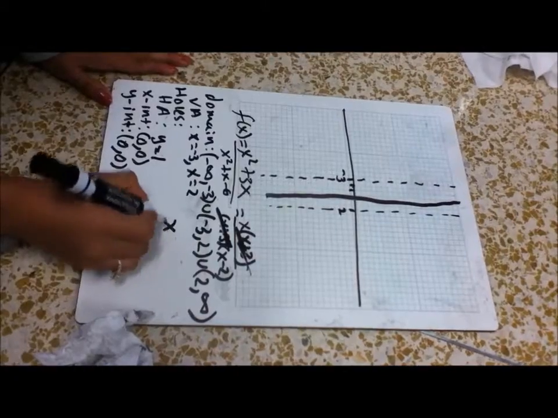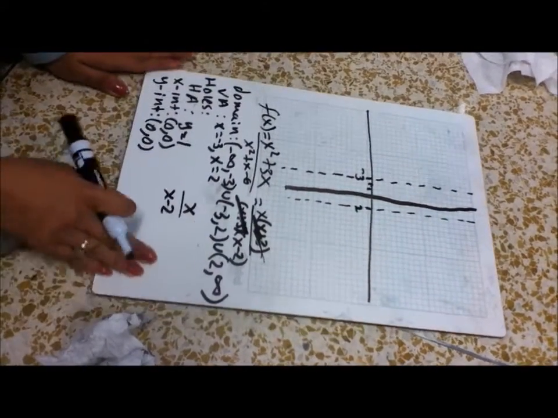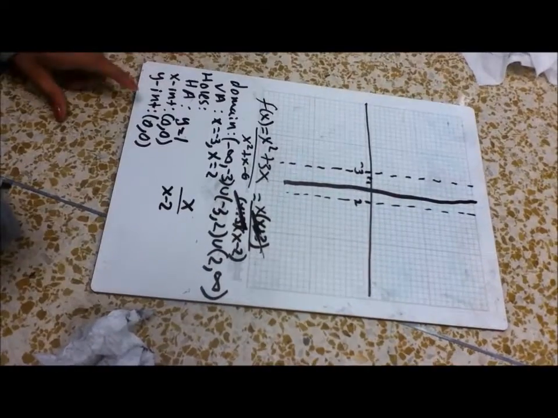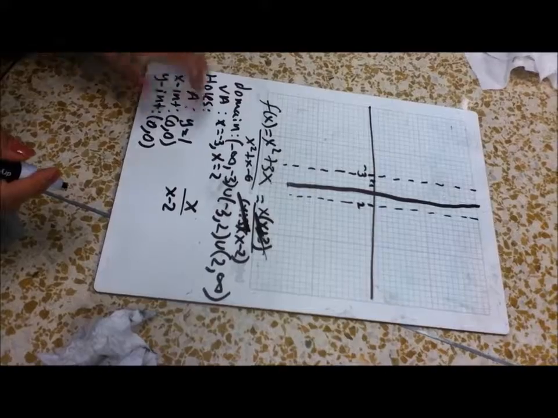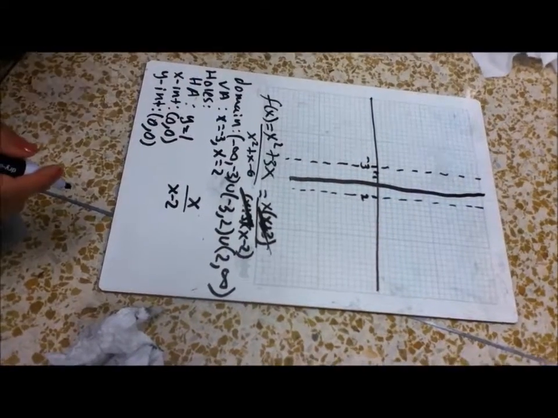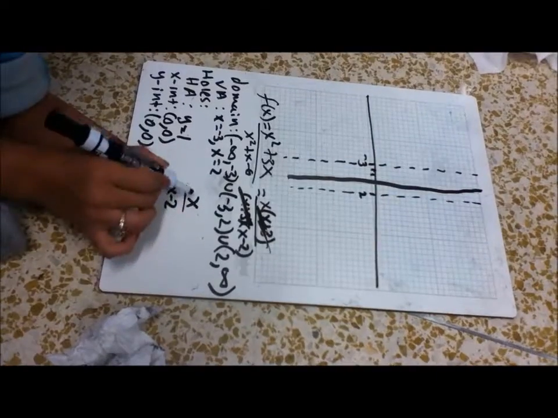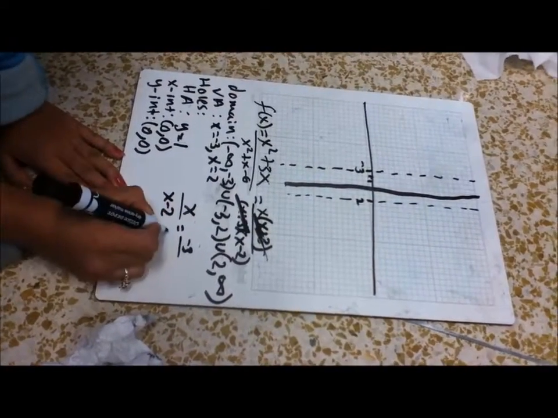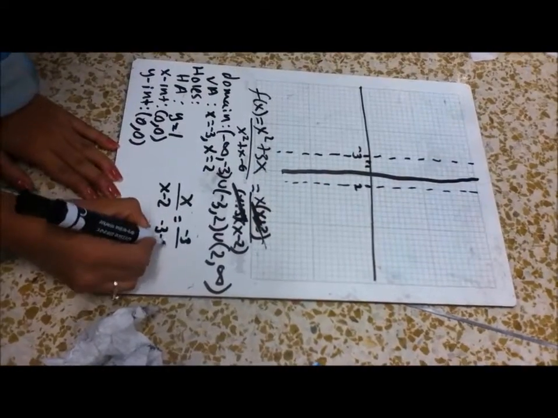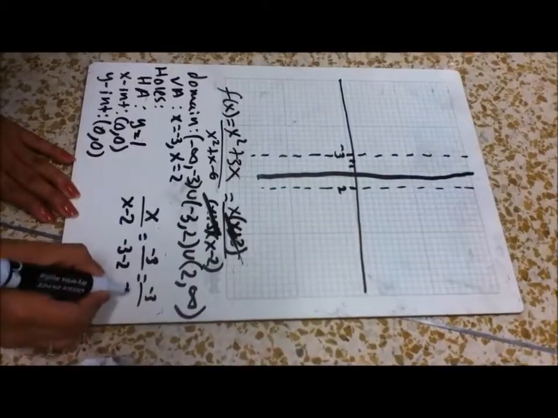So what we are left with is x over x minus 2. Now we have to plug in, since we have the vertical asymptote to be negative 3, that is going to be what we plug in for x. So it's going to be negative 3 over negative 3 minus 2, which is going to come up to be negative 3 over negative 5.